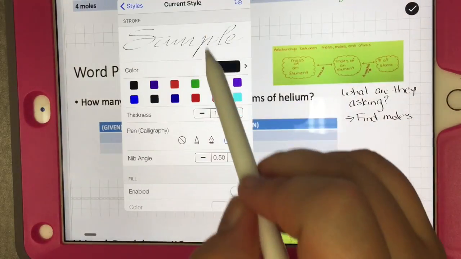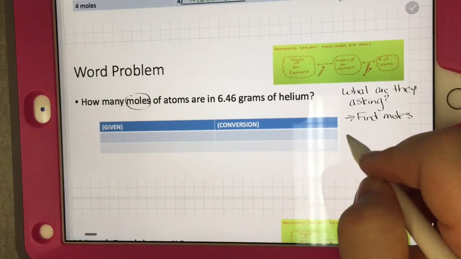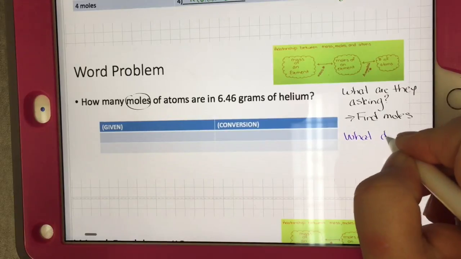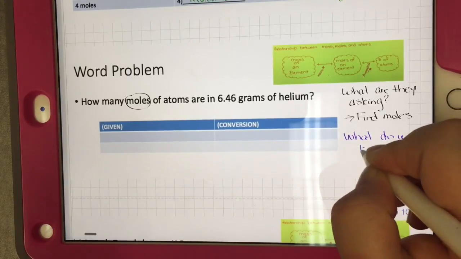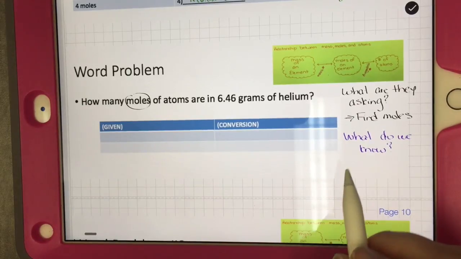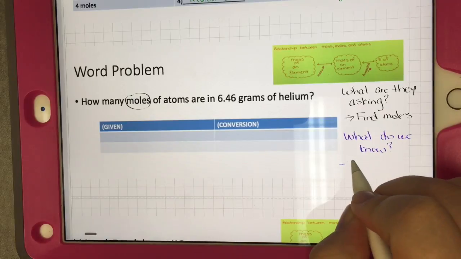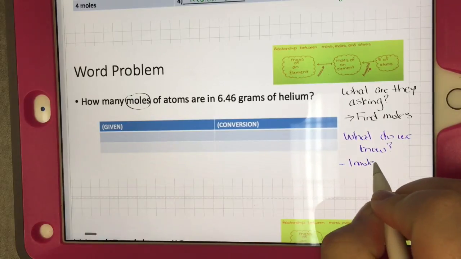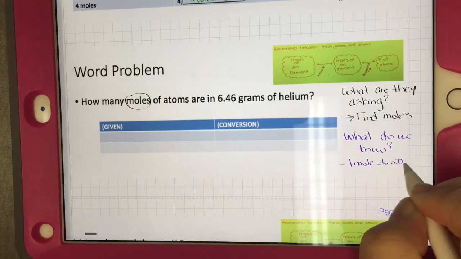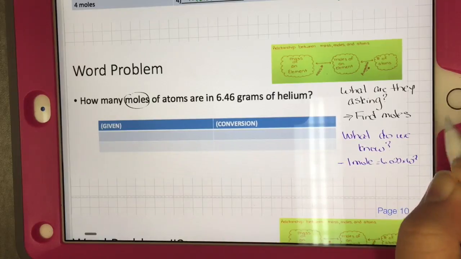And then the second thing that's important to ask yourself is, what do we know to help us find that information? Well, we know that 1 mole is equal to 6.022 times 10 to the 23rd atoms, but they didn't ask us for atoms, they asked us for moles.